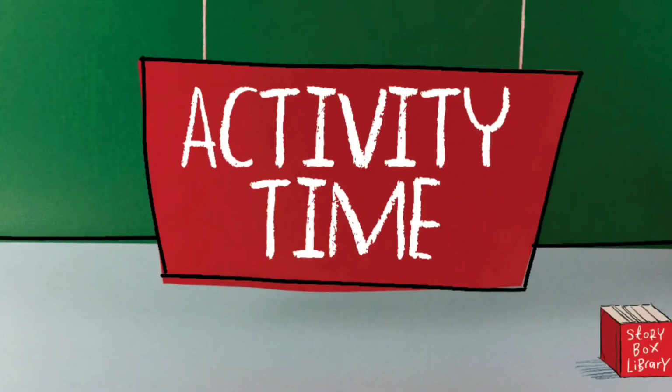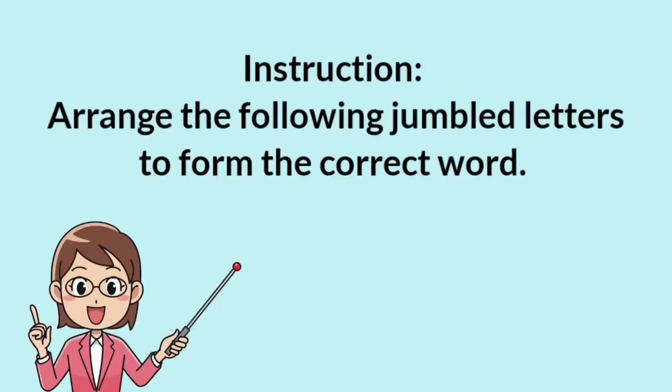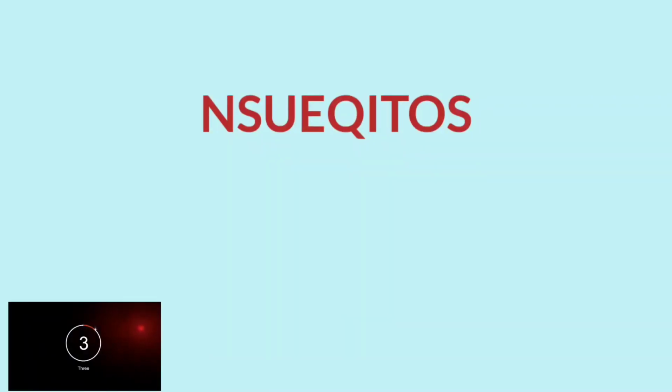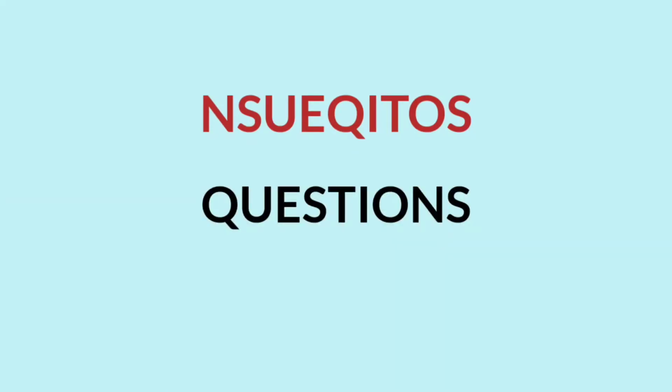This time, we are going to have a short activity. We are going to arrange the following jumbled letters to form the correct word. Are you ready? If yes, then let's start. The answer is questions.